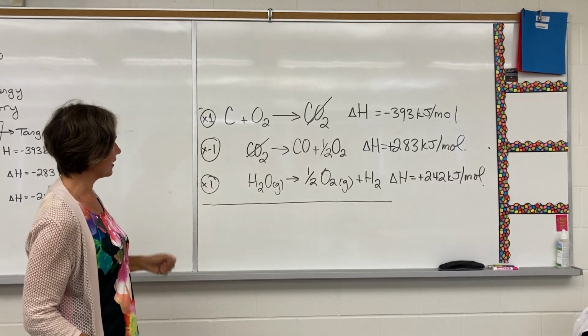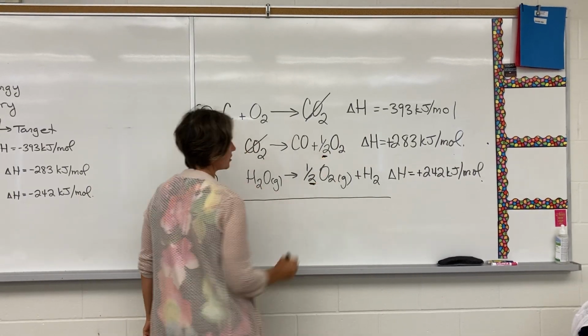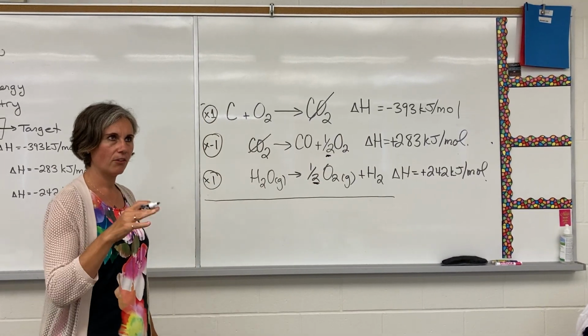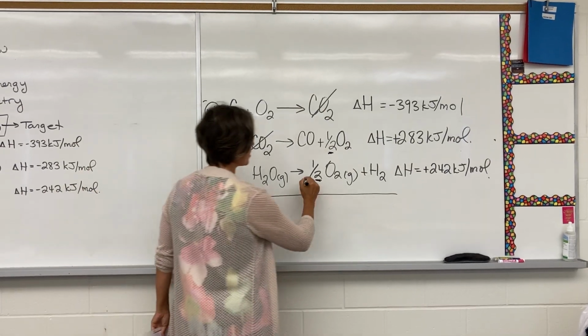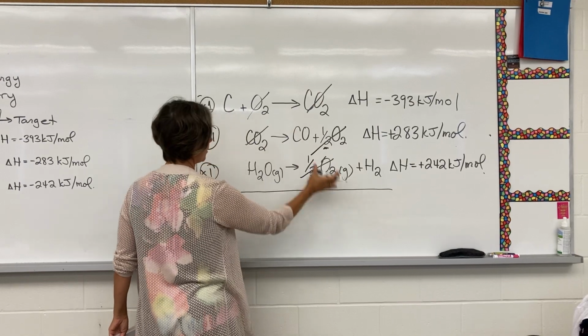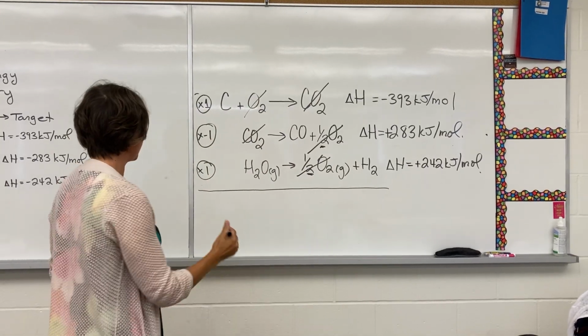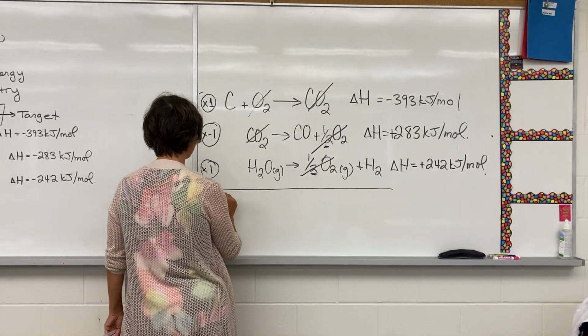Let's see what else I can cross out. I've got a half oxygen here and a half oxygen here. A half plus a half, carry the 1, yeah, that adds up to 1. So now I can cross out my oxygen because I have 1 on the product side, I have 1 on the reactant side. Looks like I'm ready to add up the entirety of my steps.